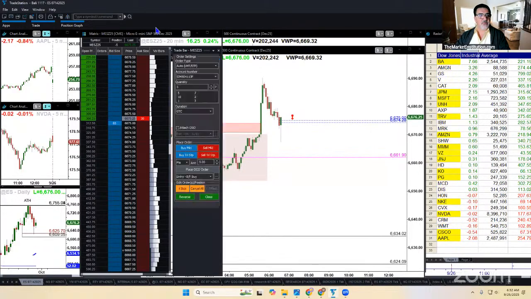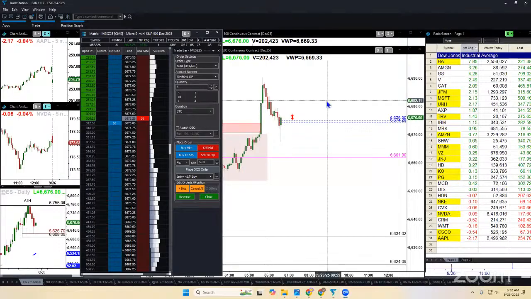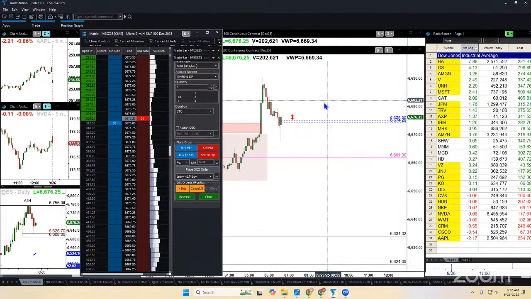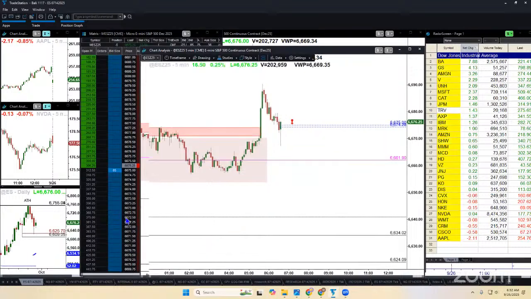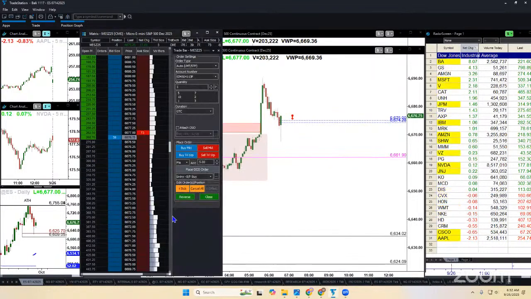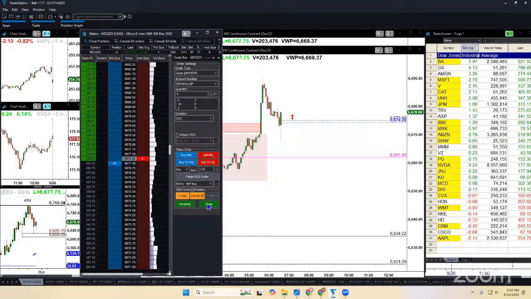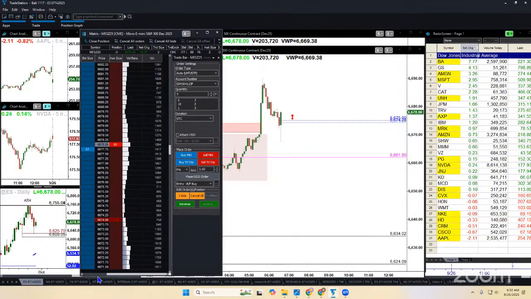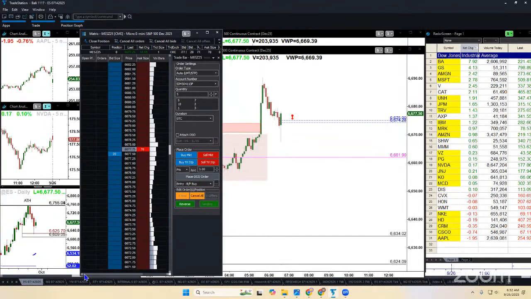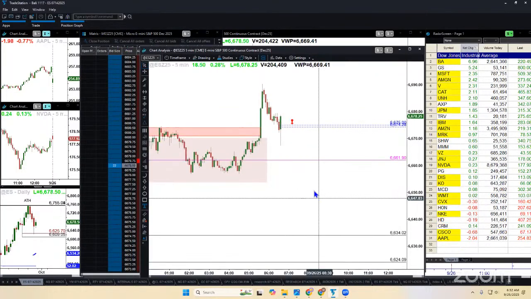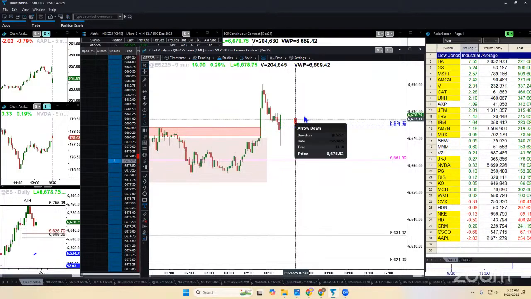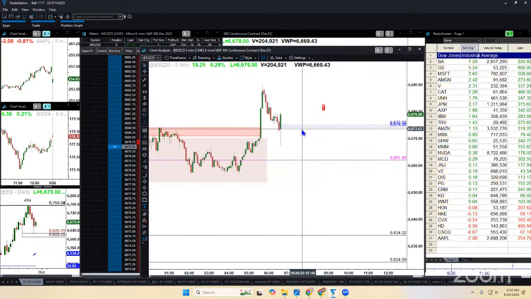Okay, I'm going to turn off the video because my screens are freezing up here. Order filled. So price went right back through that area. That's off the table.